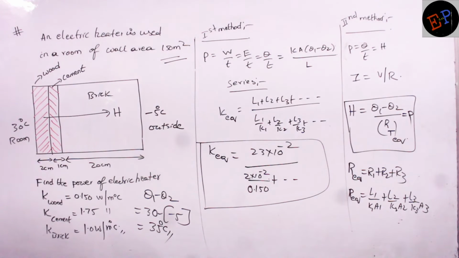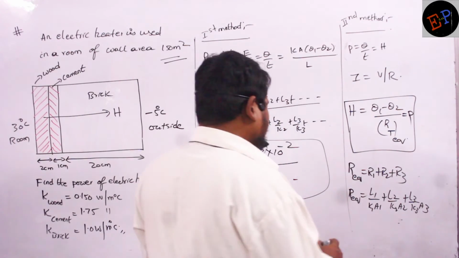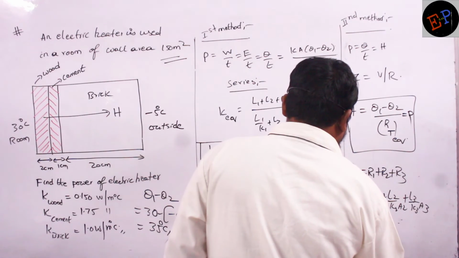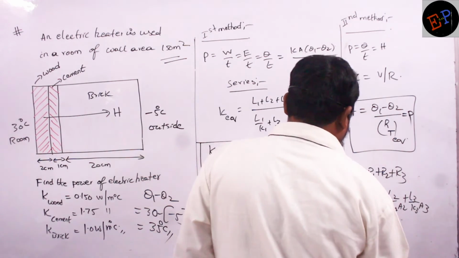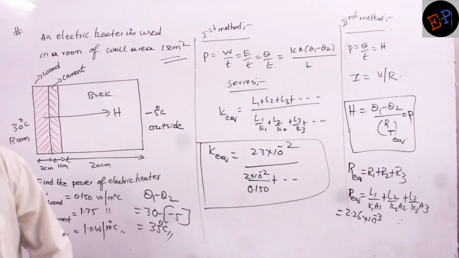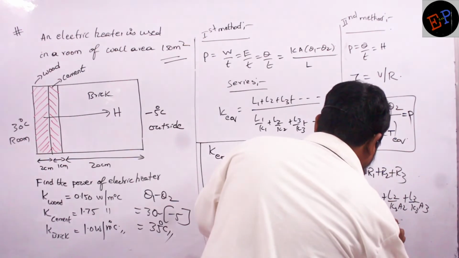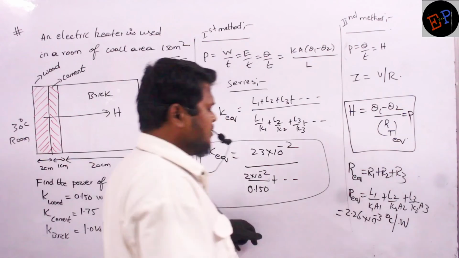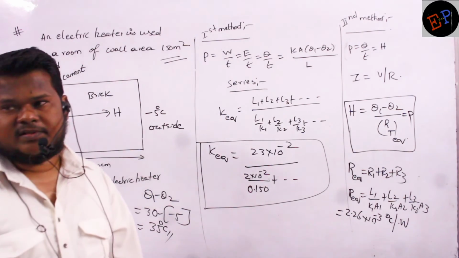Values I will write down now, you check them. The thermal resistance you will get is 2.26 into 10 power minus 3, units degree Celsius per watt. That is the thermal resistance.